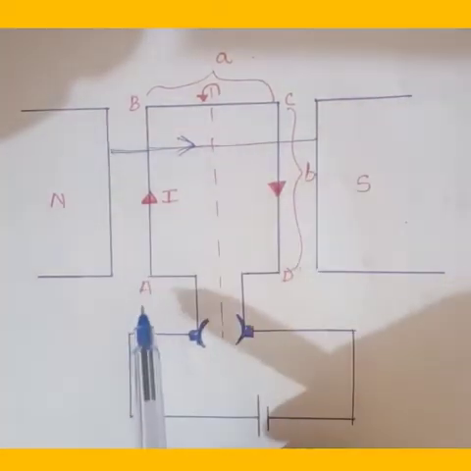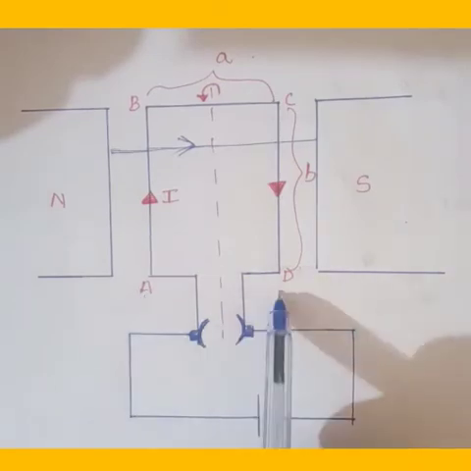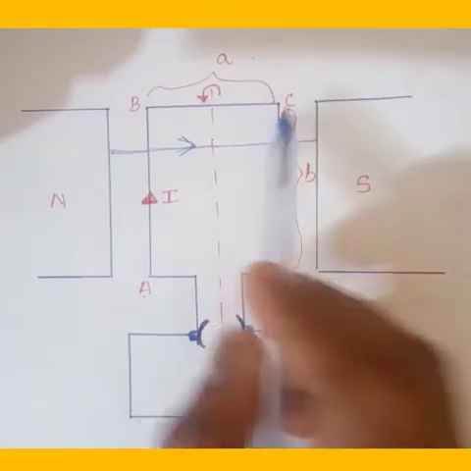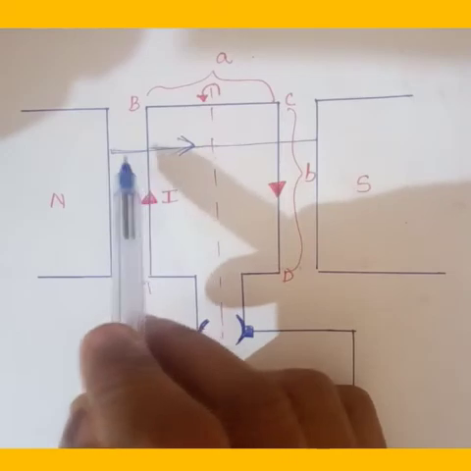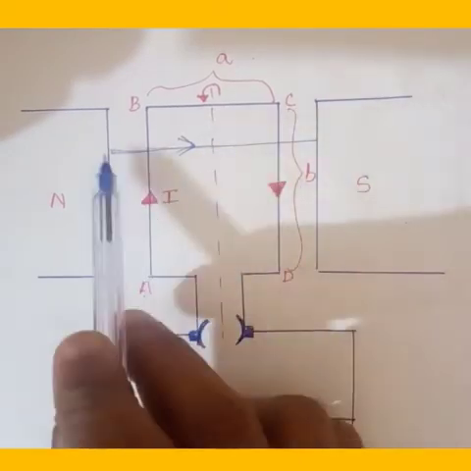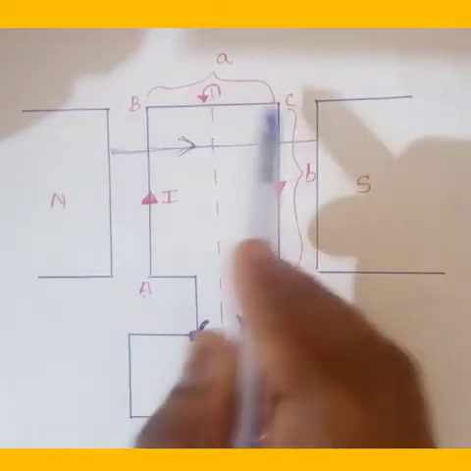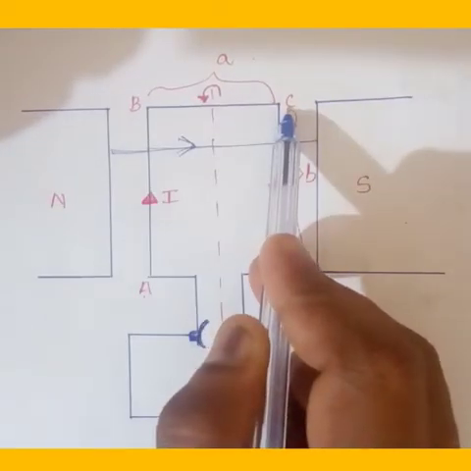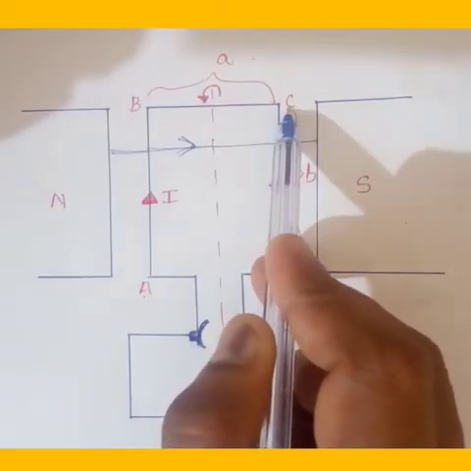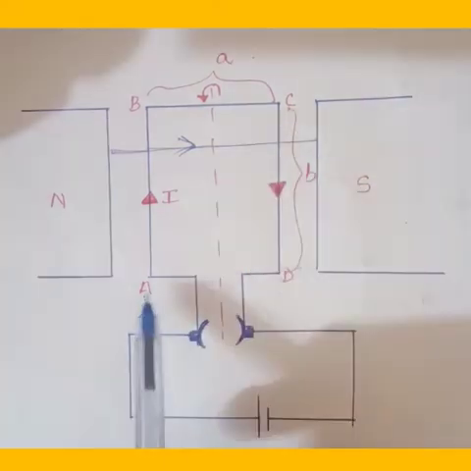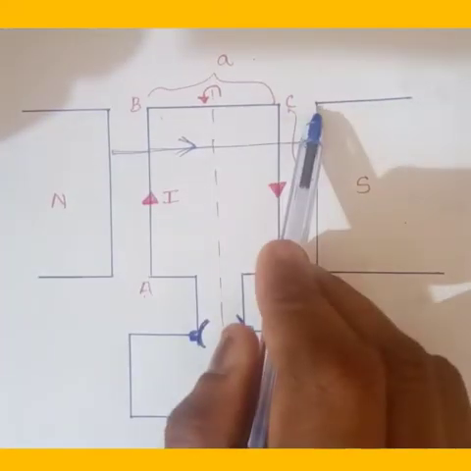See these arms AD and BC. In the arms AD and BC, the direction of the magnetic field and the direction of currents are the same. So what happened? There is no force exerted on the two arms AD and BC.